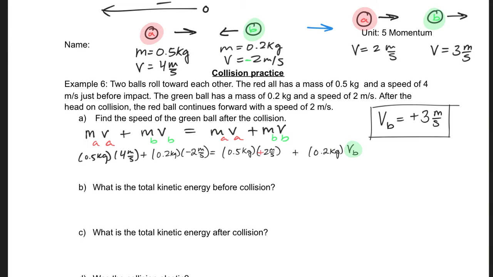So going on to letter B, we're going to find what is the total kinetic energy before collision. So remember, total kinetic energy, K total, is going to be equal to Ka plus Kb. So that is going to be 1/2 mv squared plus 1/2 mv squared.